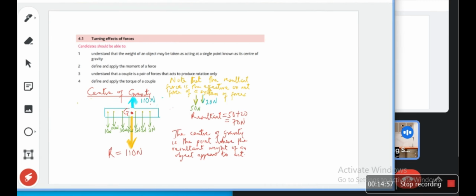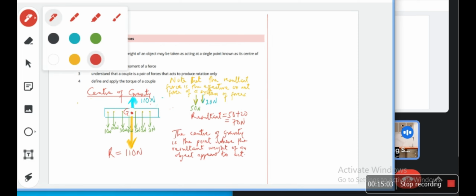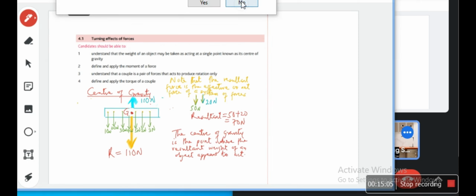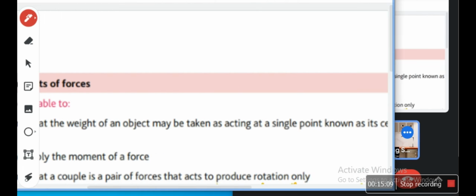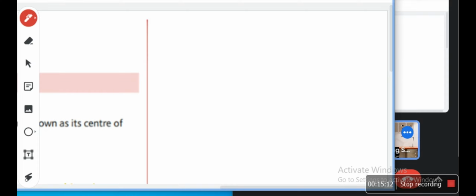Okay, first of all, what is moment? These are things we already know. What's moment? Somebody should define moment for me. Define moment.